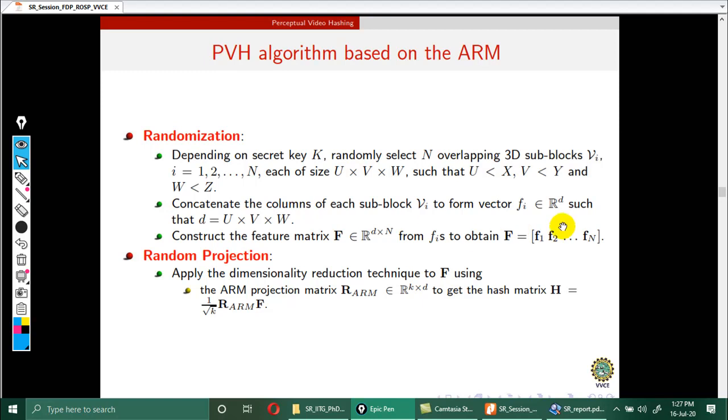Applying random projection is nothing but multiplication. The hash matrix is obtained by the Achlioptas random matrix multiplied by f, the feature matrix, with 1 by root k as a scaling factor.